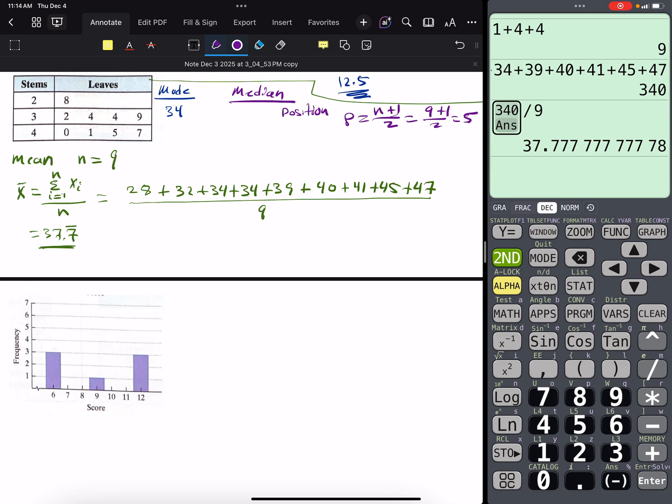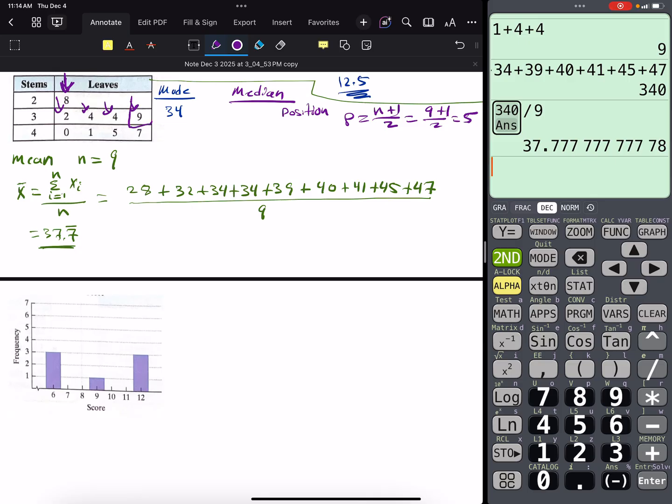Now, again, stem and leaf plots are not necessarily sorted, but this one is sorted. And so I'm going to count to my fifth data point through the sorted frequency distribution. I have a first data point, a second, a third, a fourth, and a fifth data point.